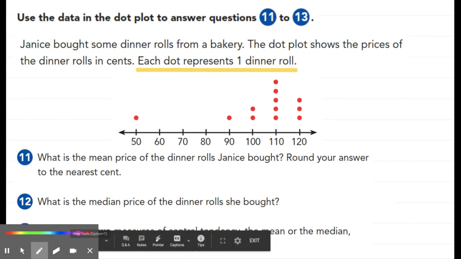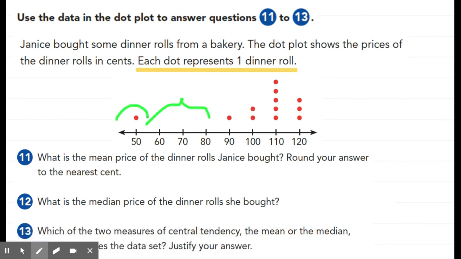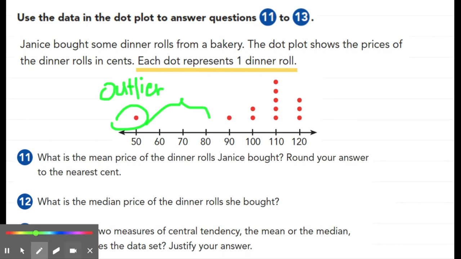And remember, when you see a gap in the information, this data is called an outlier, and it will make your mean either greater or lesser than what it should be. So once you see the outlier, you know that you can rely more on the median value.